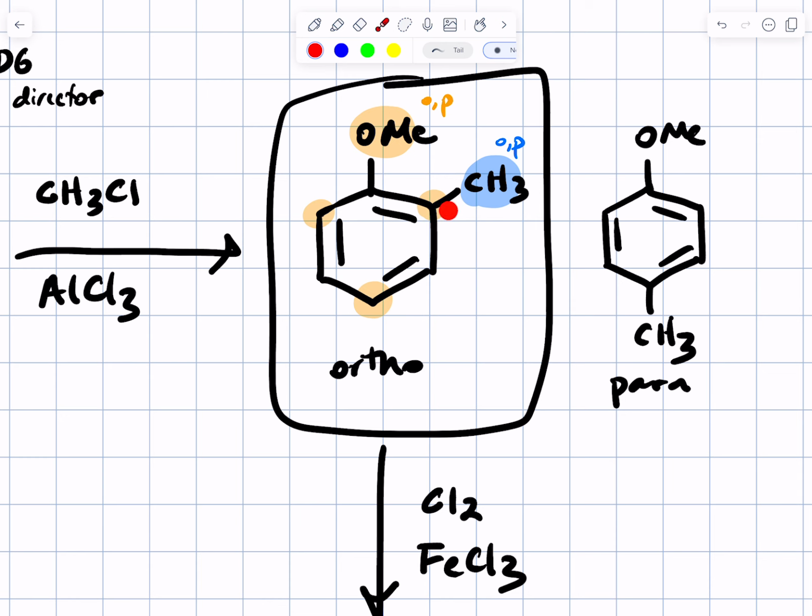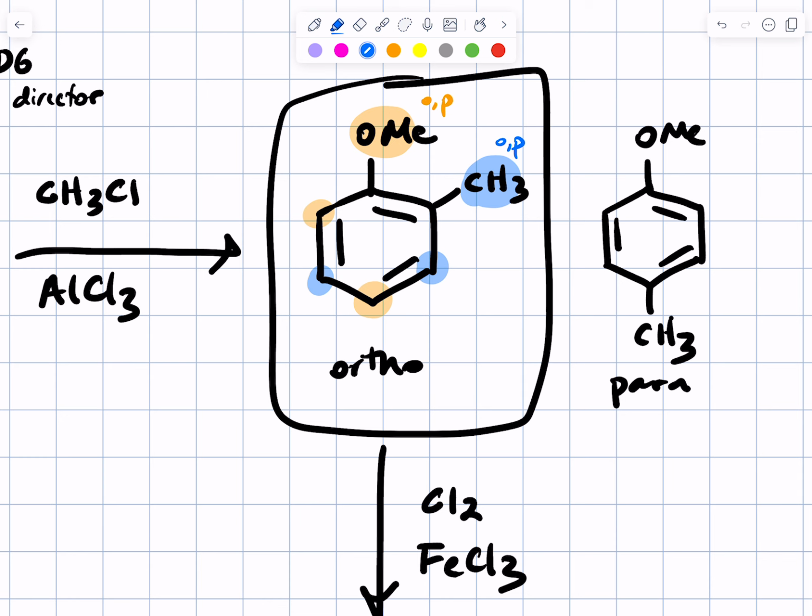There has to be a proton to be removed in the next step to restore aromaticity. So that one's not an option, okay? The one that's already attached to something that's not hydrogen is not an option because we would lose the chance to restore aromaticity. Let's look at the carbons ortho and para to the methyl group, here and here.